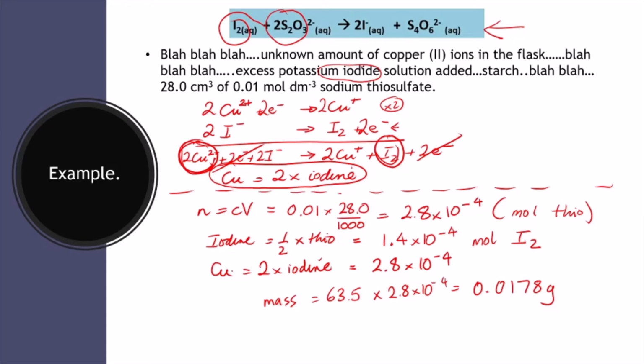You could get one where the ratio goes the other way, so the ratio doubles. In other words, you actually need 2 moles of iodide to react with 1 mole of the oxidizing agent you're interested in. I haven't seen many questions like that in OCR, but I suppose it could happen. But the bottom line is, most of the time you can assume that the ratio just stays the same all the way through, because you halve it and then double it and it cancels out.